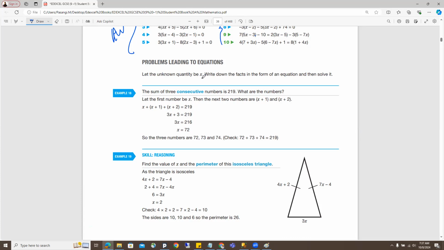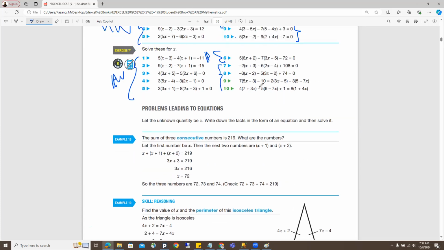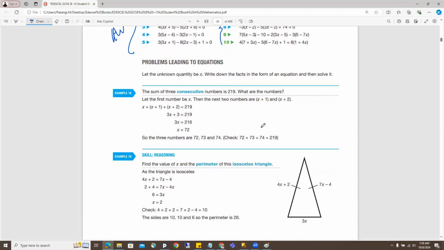Let the unknown quantity be x. Write down the facts in the form of an equation and then solve it. Earlier questions were given to us as equations. Now we need to write and create the equation and then only we can solve for the answer. Is it clear what is the difference between these two?